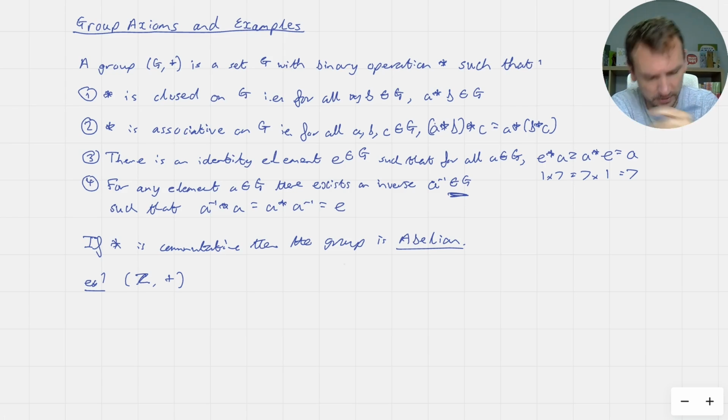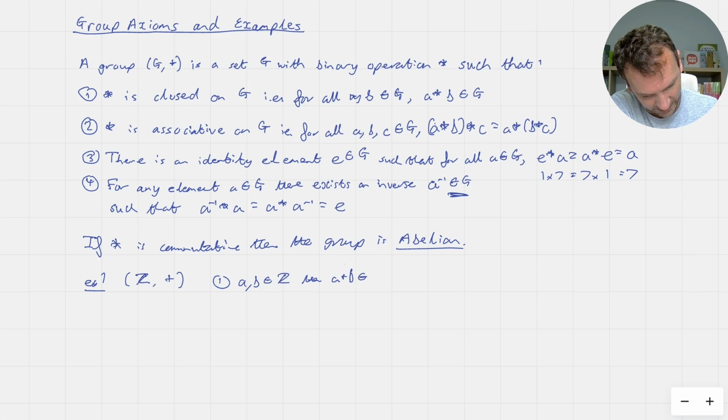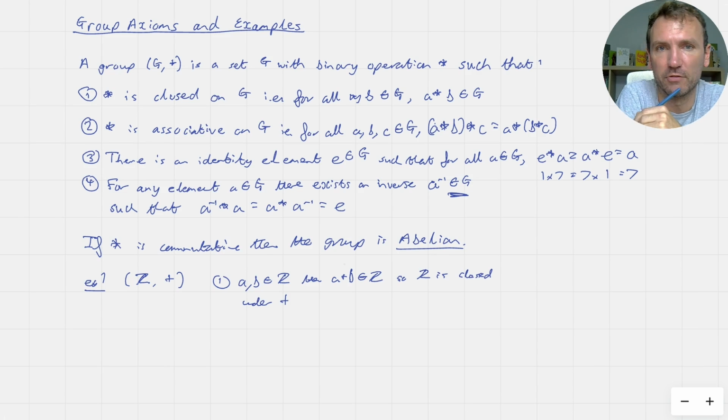Firstly, is it closed? Well, if we take two numbers A and B, both integers, then A plus B is definitely also an integer, so Z is closed under addition.